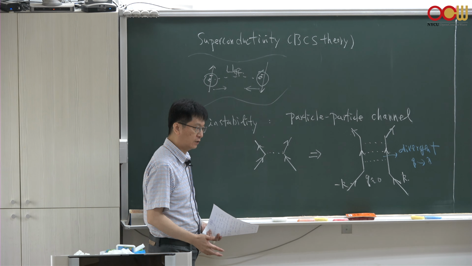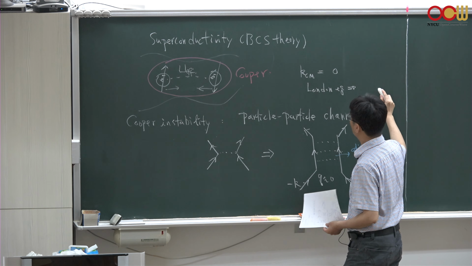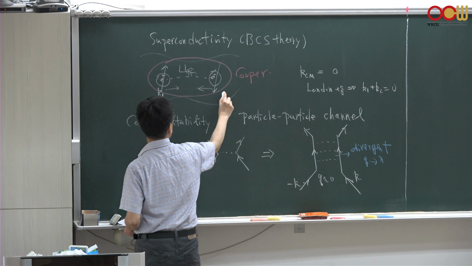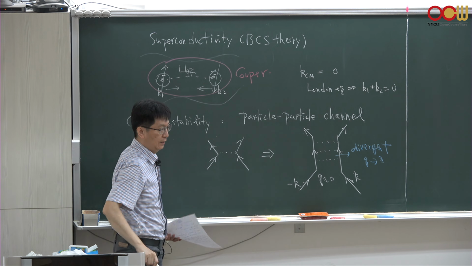That is because we should follow the canonical momentum for this whole object. And this canonical momentum of this whole thing, and also the London equation, requires that these two momenta exactly get cancelled. Well, I won't repeat that, but you could check our earlier notes from the previous semester.